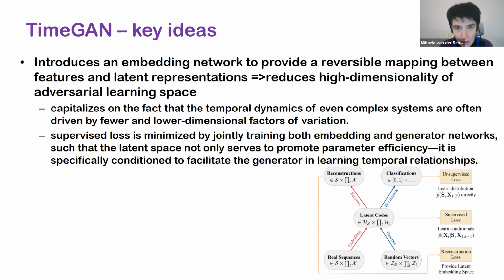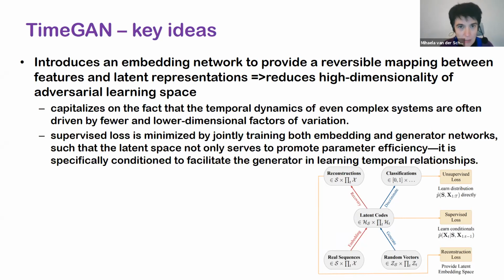By doing so, we are able to reduce the high dimensionality of the adversarial learning space. Methods built prior to TimeGAN, just directly applying generative adversarial networks without such latent representations, have been shown to perform very poorly, and it is because of the high dimensionality associated with high dimensional time series data.